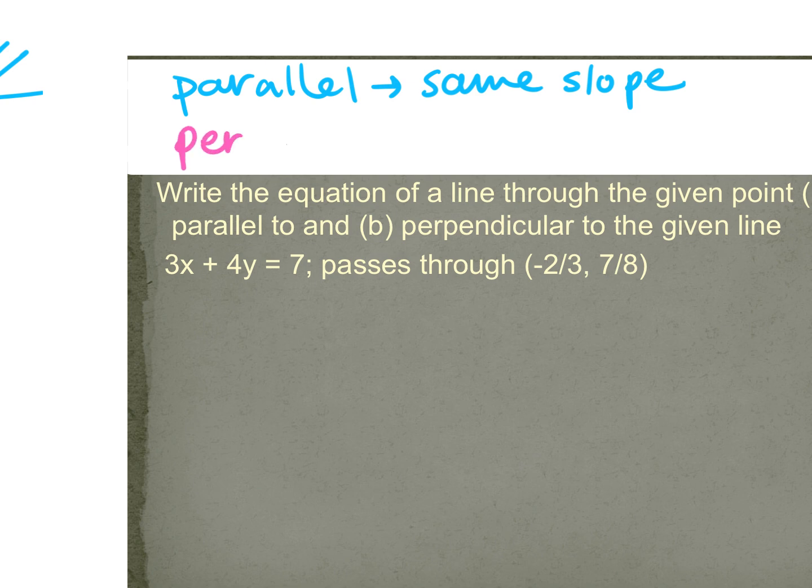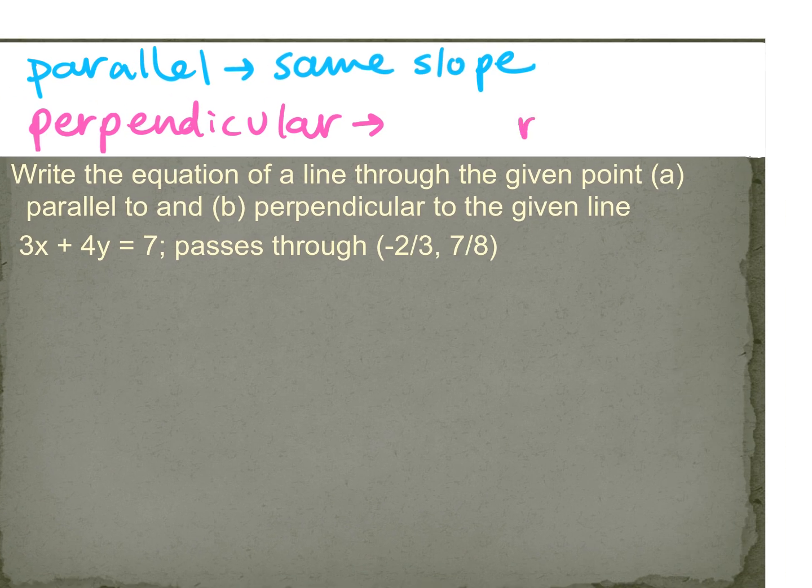What about perpendicular lines? What types of slope do perpendicular lines have? Isn't it like the inverse or something? Not the inverse. The reciprocal, but what type of reciprocal? Awesome. So the opposite reciprocal.